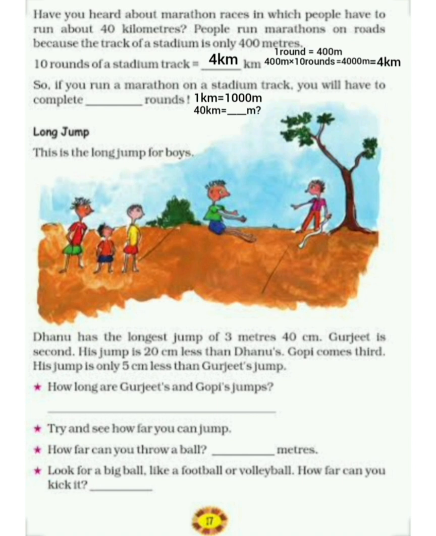So, now we will do multiplication. 40 kilometers into 1000 meters. The answer is 40,000 meters. Now we will do division. 40,000 meters divided by 400 meters. Okay. The answer is 100. So, if you run a marathon on a stadium track, you will have to complete 100 rounds.